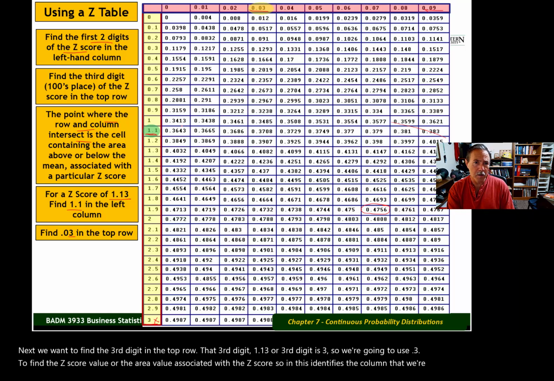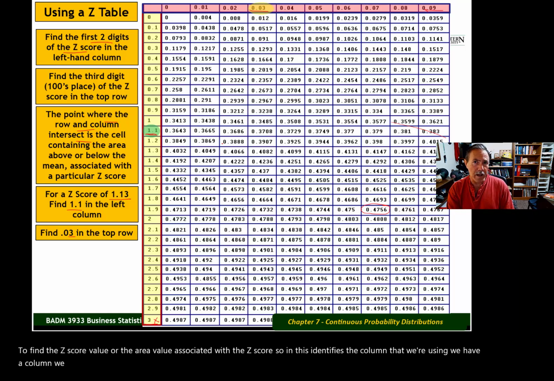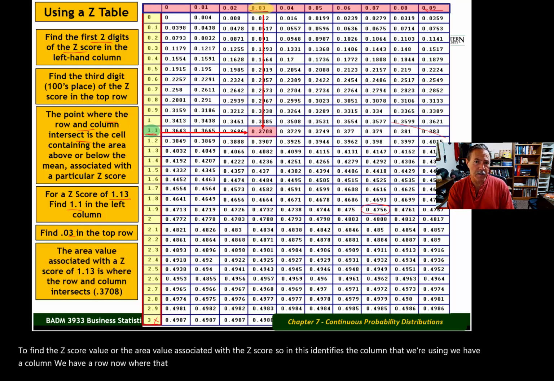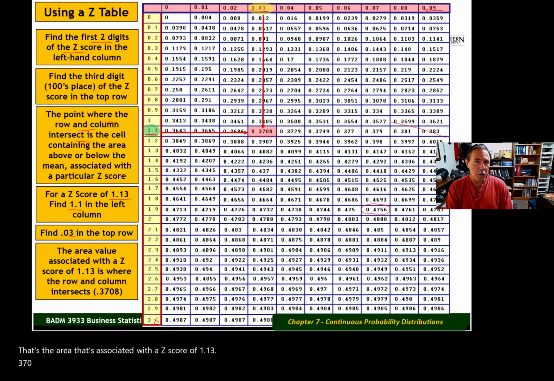We have a column, we have a row. Now, where that column and row intersect, that is the area that we're working with. That's the area that's associated with a z-score of 1.13, 0.3708. I want to talk a little bit more about this idea of area.